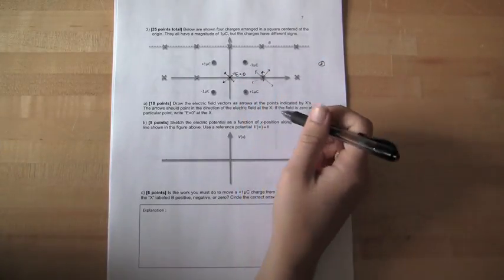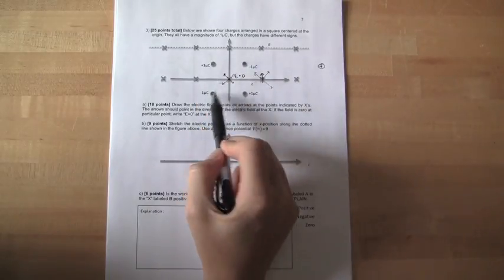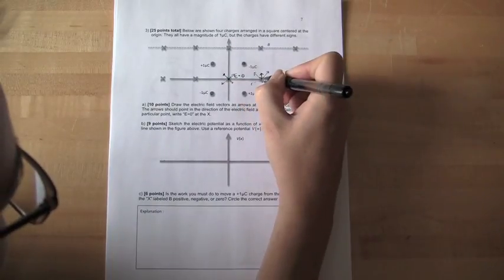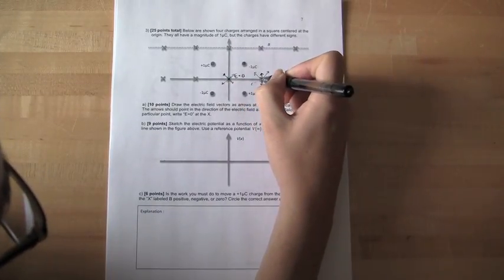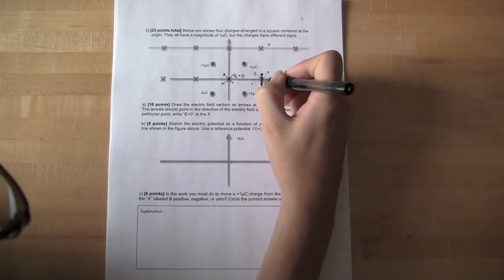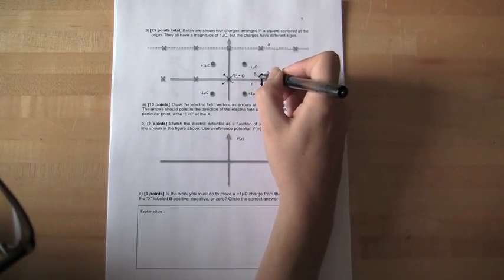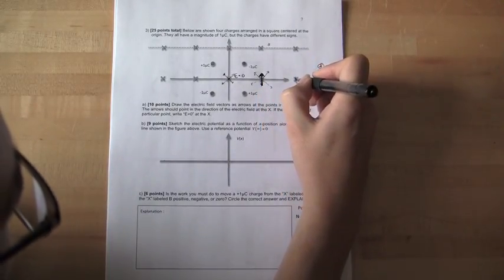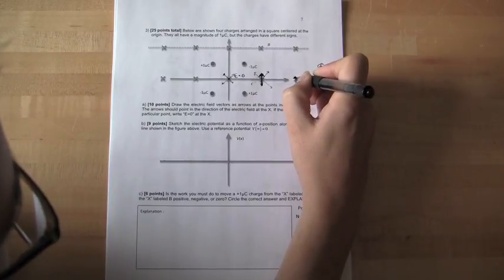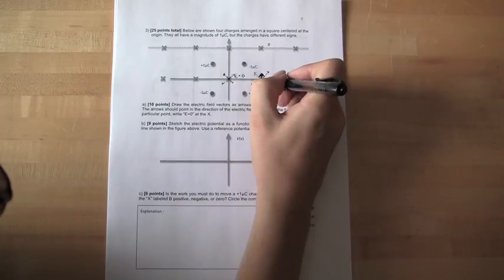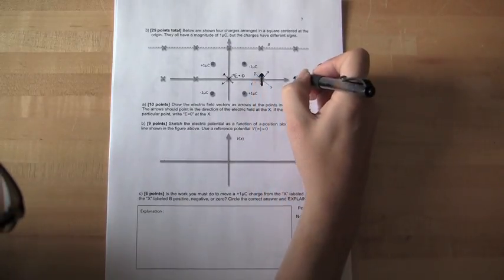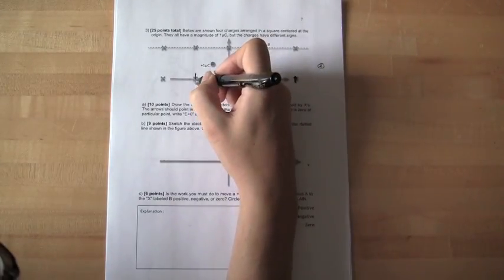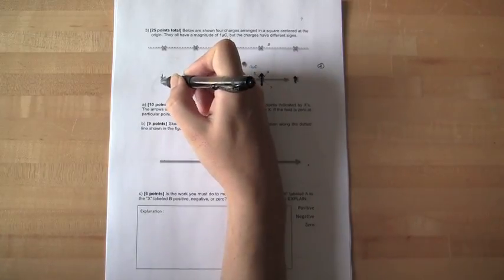The x components of those 2 will cancel, since those will be equal but in opposite directions, and the y component will be a net in this direction but will be smaller than the effect of these 2, and so the net effect is still something that will point up. You can make the same arguments for this point out here, except it'll be a little bit smaller. So we have a 0 here, large up here, and up here, and the same sort of arguments for over here, except for down.